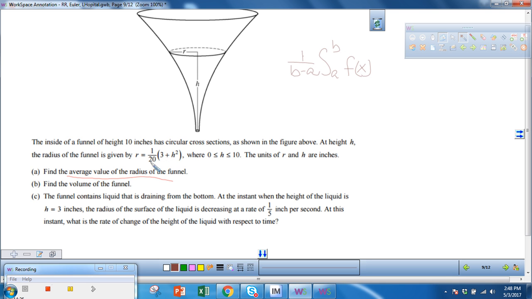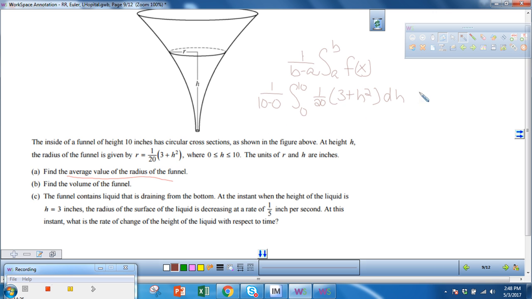So that first question, all they were asking you to do was to find the average value of r. So that's 1 over 10 minus 0, the integral from 0 to 10 of 1 over 20, 3 plus h squared dh. So I'm hoping that everyone can do this.